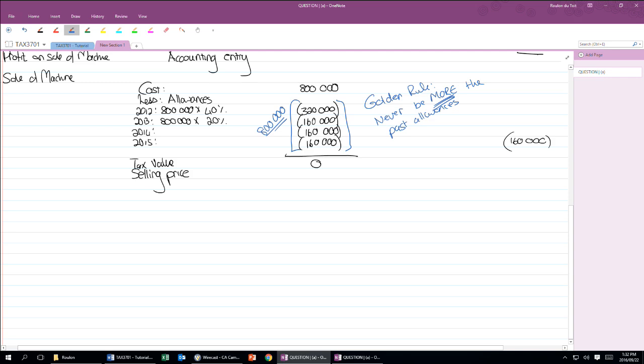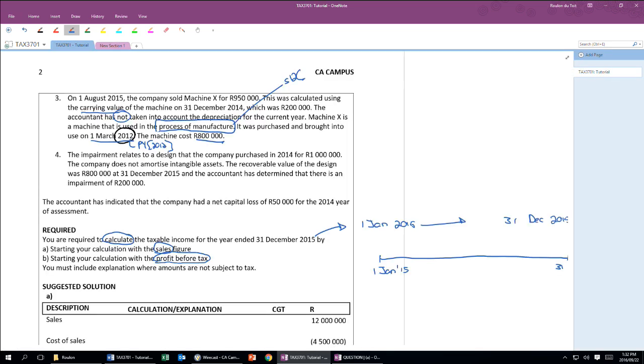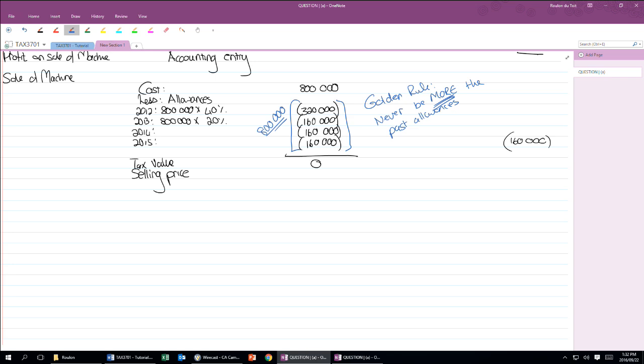Now, if you look at the selling price of this machine, just to show what's going to happen here, the selling price was 950,000 rands. If we now put in the selling price here and say it's 950,000 rands, when we calculate the recoupment, I'm keeping it in a different color, sorry guys, for now, because it's just temporary.